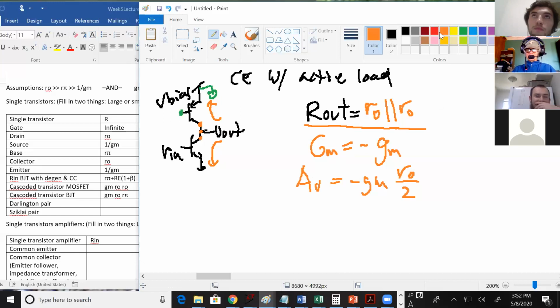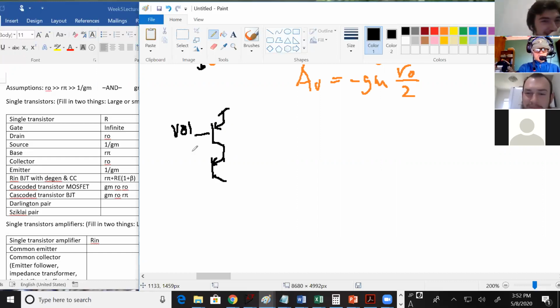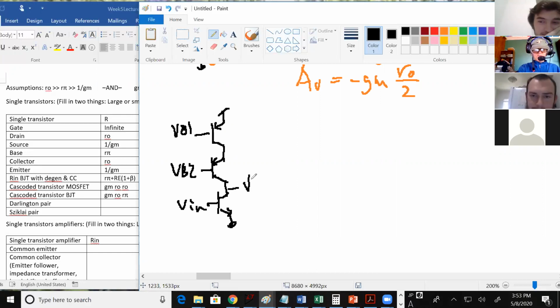Okay, so I'm going to have to scroll down here. If you cascode the PNPs, we'll just call that V bias 1, V bias 2, and our input here, and V out.